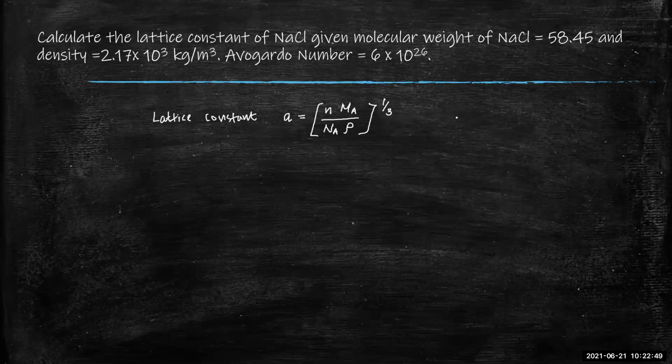Here the quantities: N is equal to the number of atoms in the unit cell of NaCl. We know that the number of atoms in the unit cell of NaCl is equal to 4.